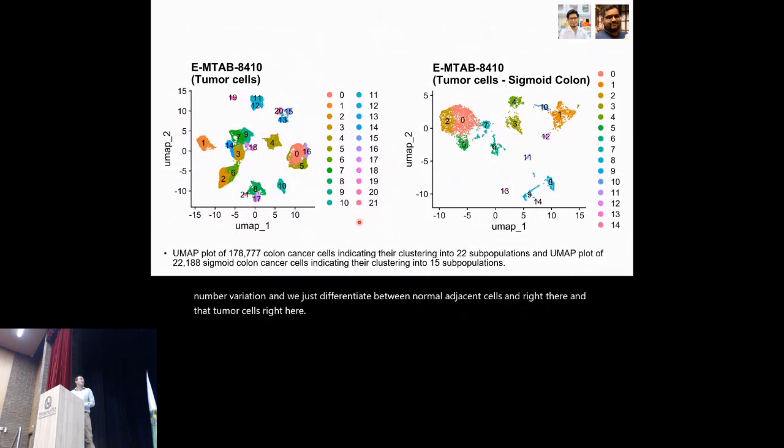In the second step, we exclude the normal adjacent cells and cluster epithelial and non-classified cells. Like we have this amount of cancer cells, and also we use only the sigmoid colon cells, and we cluster into 15 subpopulations, and all the cells we cluster in 22 subpopulations.